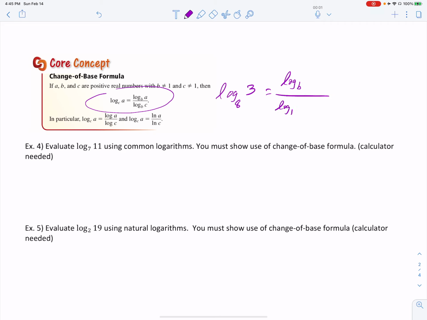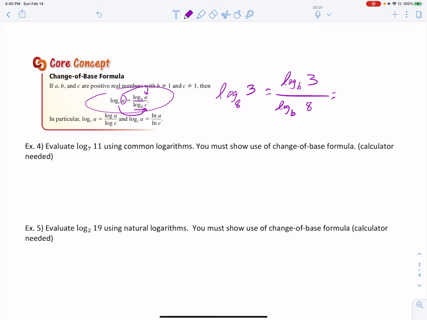And so I'm going to make this log base b over log base b. So that's what happens here. We have log base b, and then the argument of the original goes in the numerator, and the base becomes the argument of the denominator. So the 3 becomes the argument of the numerator, and the base of 8 becomes the argument of the denominator.